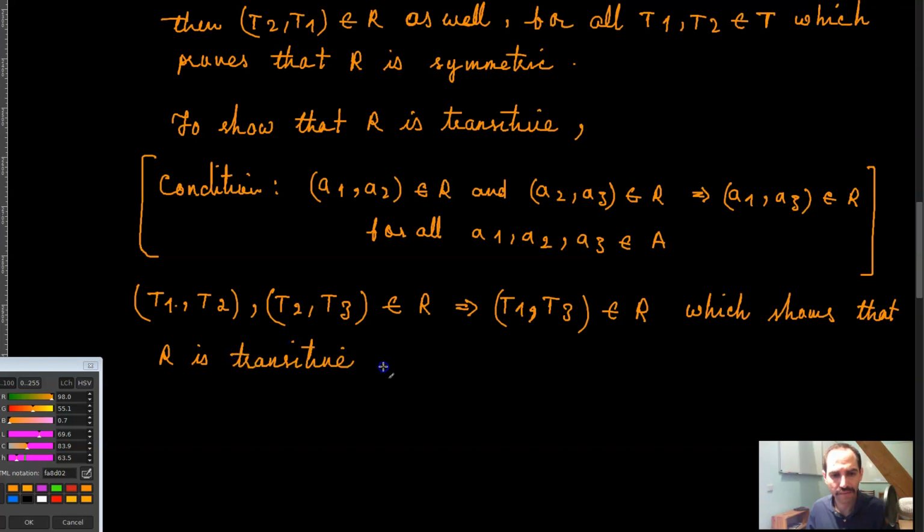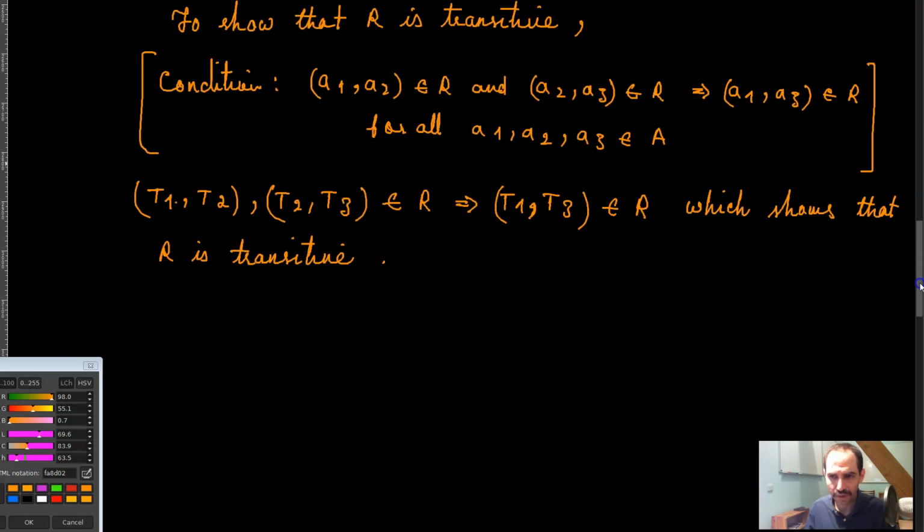R is transitive. Now we have shown that R is reflexive, and symmetric, and transitive.